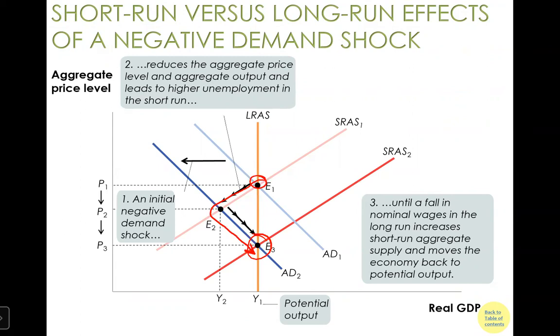Now just imagine if somehow the government can lift up aggregate demand, prevent aggregate demand from falling, if that is possible. Then we are going to avoid this adjustment. We will stay here, or we return to this point promptly.